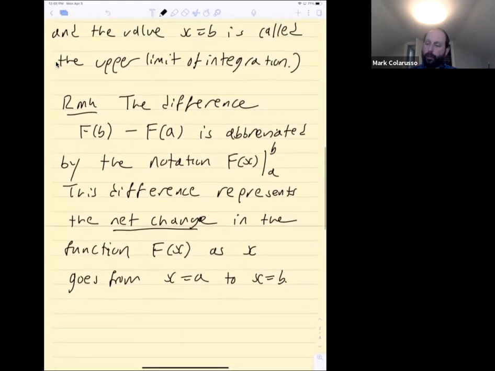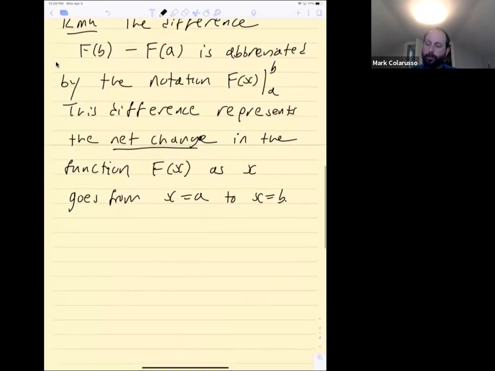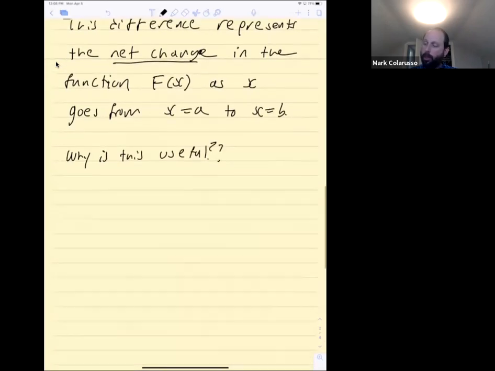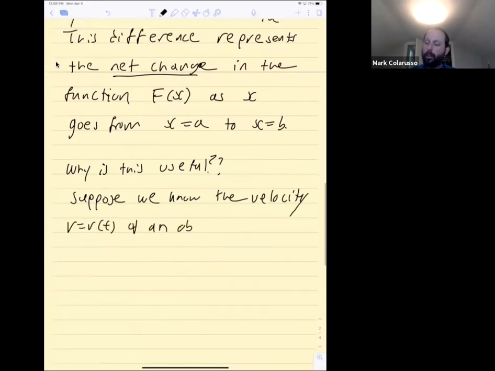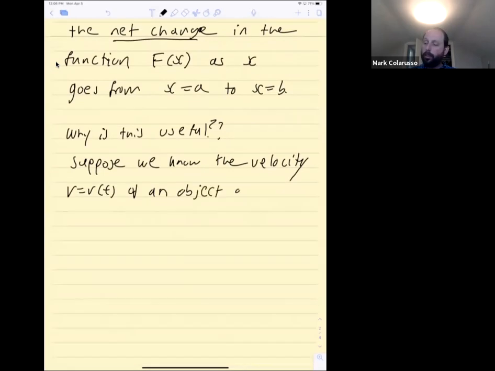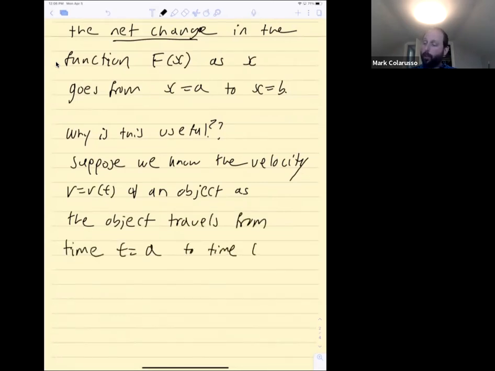And we'll see examples of this in a bit. So suppose we know the velocity of an object, v equals v of t, as the object travels from time t equals a to time t equals b.